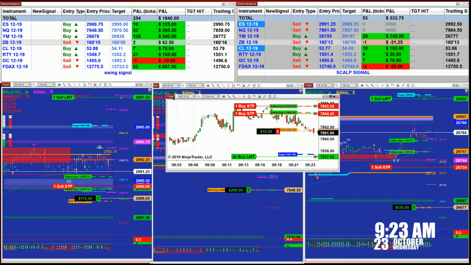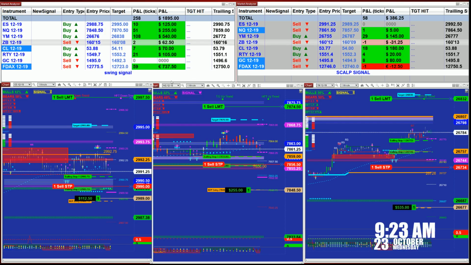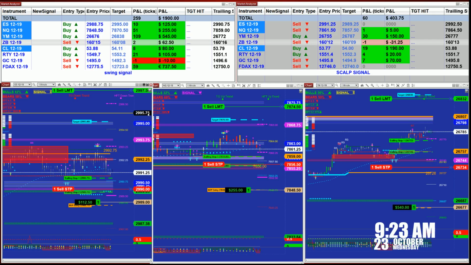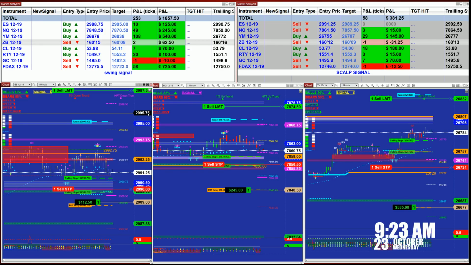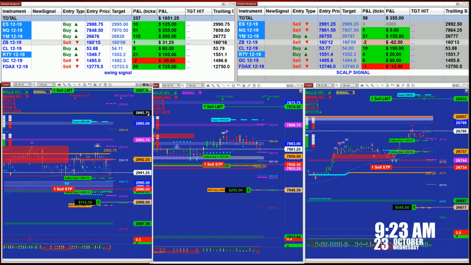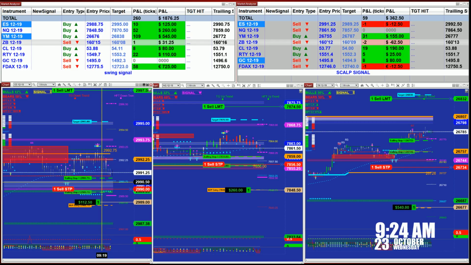This is the auto trade on the scalper. Be careful, there is no short on the ES. We have a lot of problems at 90.50. There is no short on the ES.